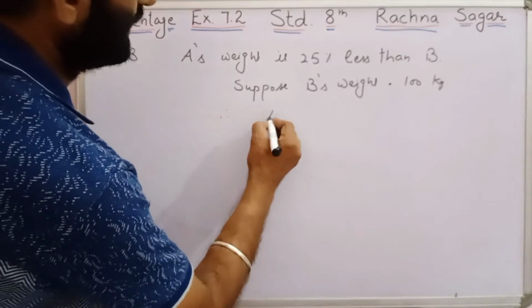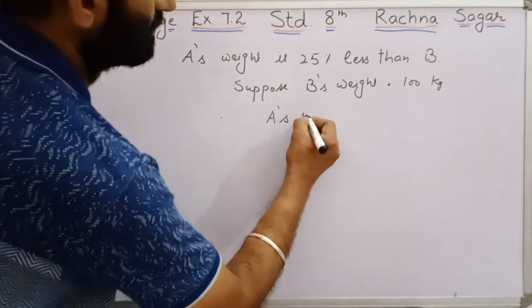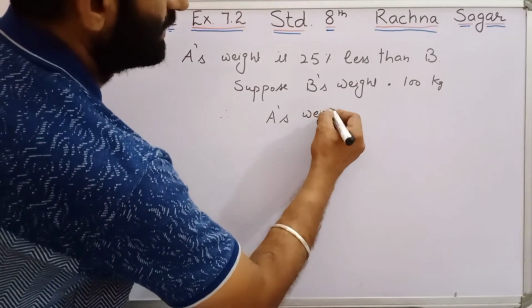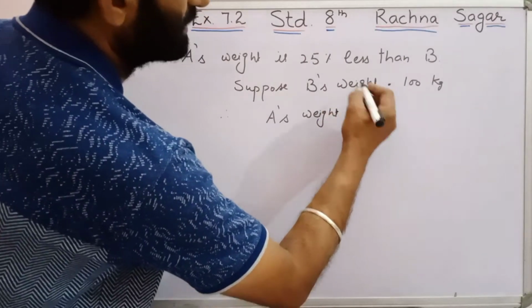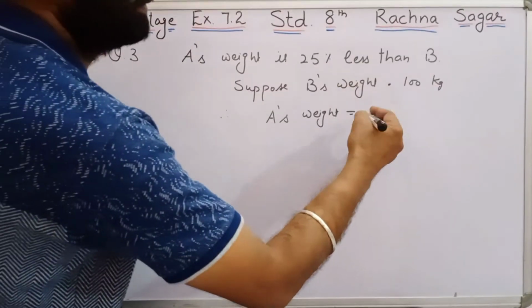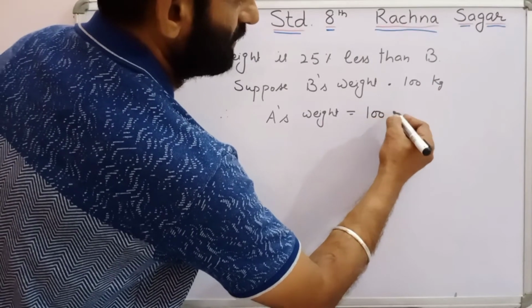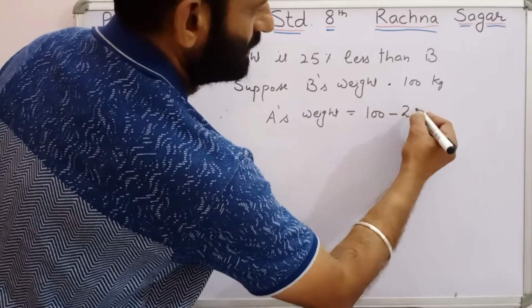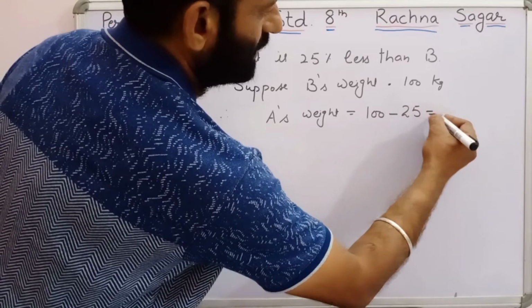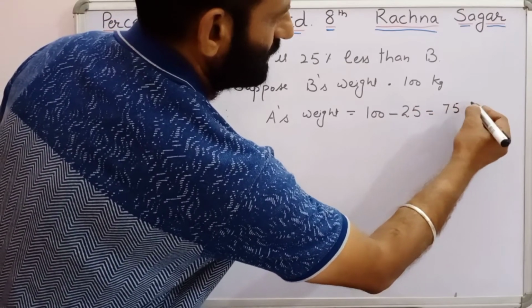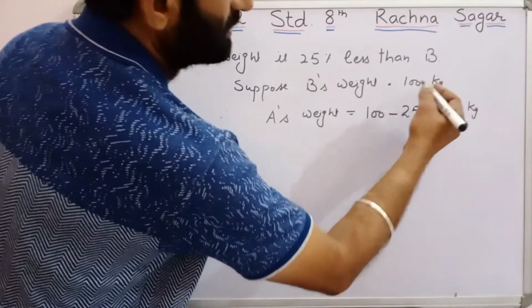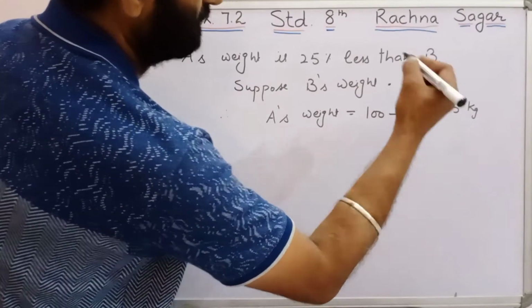Now A's weight is 25% less than B. Therefore, A's weight is 25% less, that is 100 minus 25. It is 75 kg, because 25% of 100 is 25.